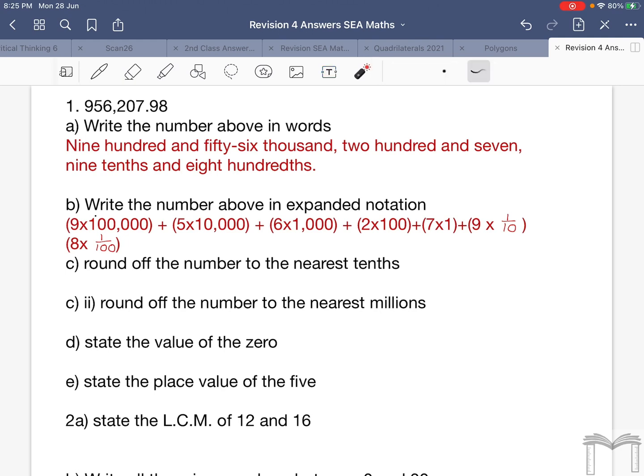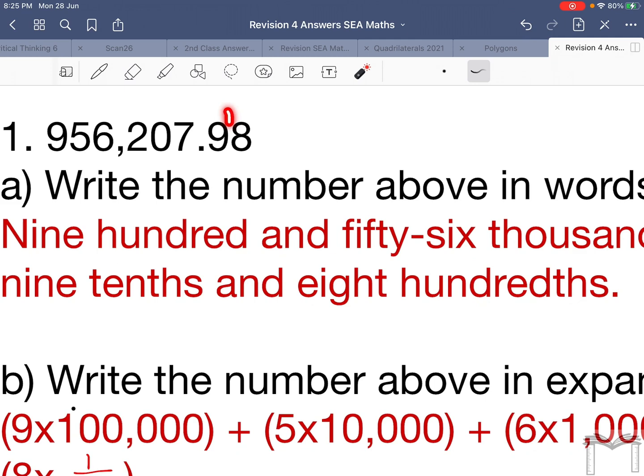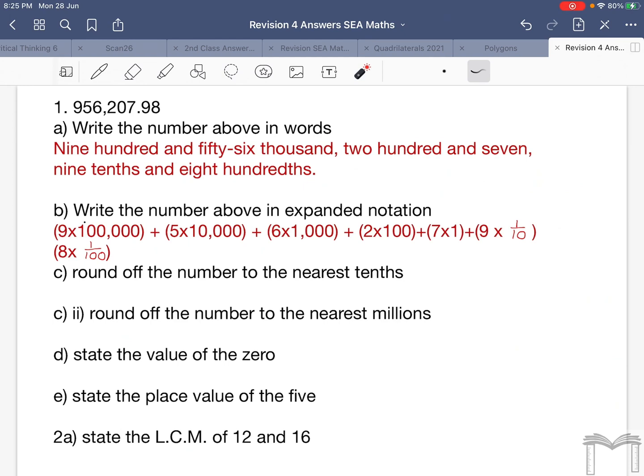Now know that we can put 0 times 10 or we can leave it out. Next, 7 times 1. After the decimal point, this 9 means 9/10 and this 8 means 8/100. So that's 9 times 1/10 and 8 times 1/100.